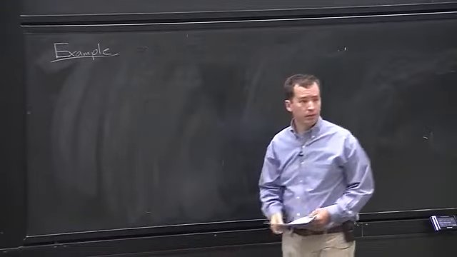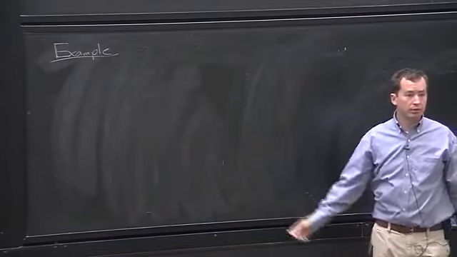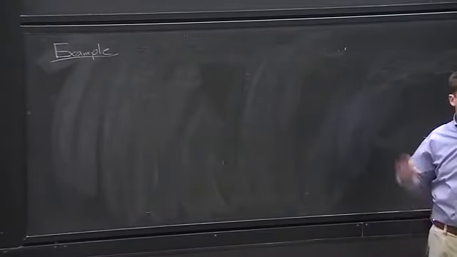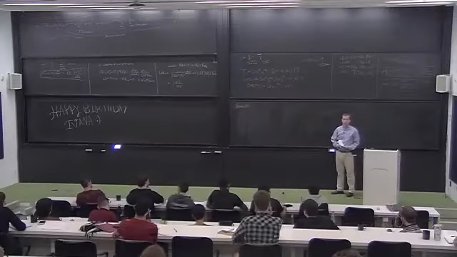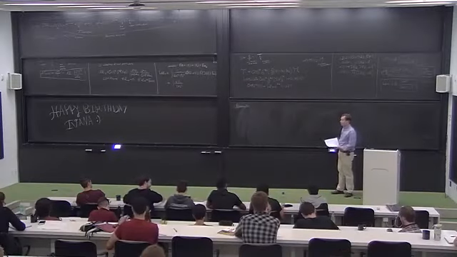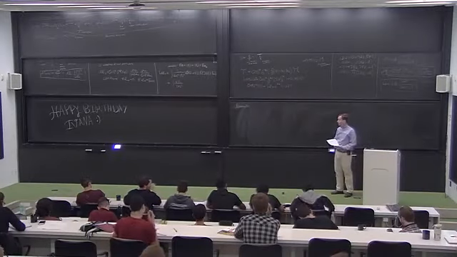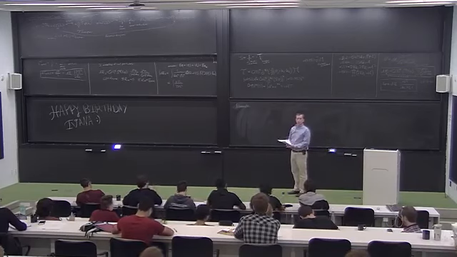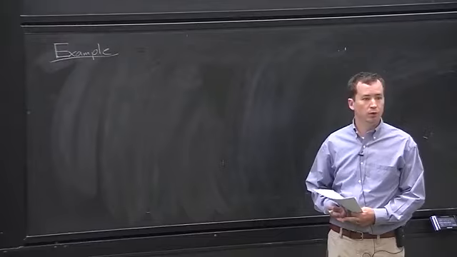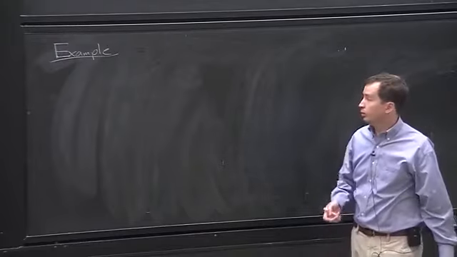Okay, so for the last part of class, I thought we'd go through an example of how to compute a cross-section. Obviously we haven't learned how to compute matrix elements yet, so I'm just going to give you an example that we'll return to later. You'll see where these matrix elements come from later in the course.